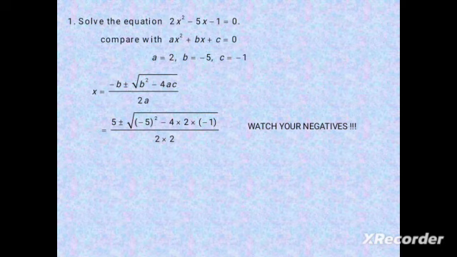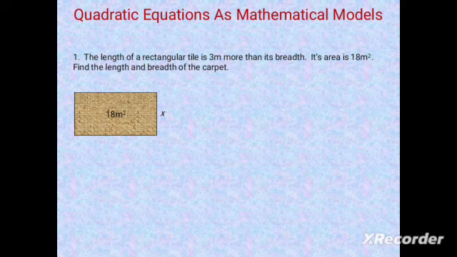If you misunderstand this statement, 3 meters more than its breadth, that is where you should concentrate on. So that means that the width of this rectangle is going to be x, and the length will be x plus 3, because you are told more than.